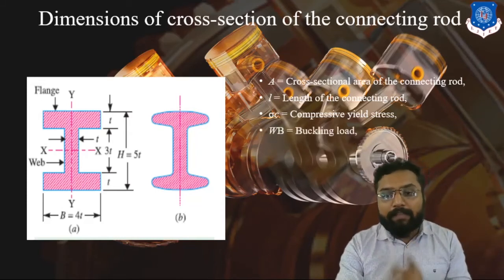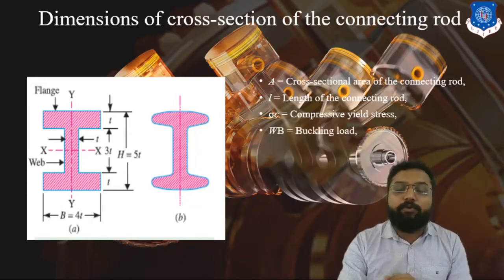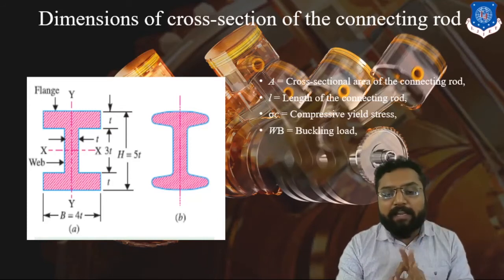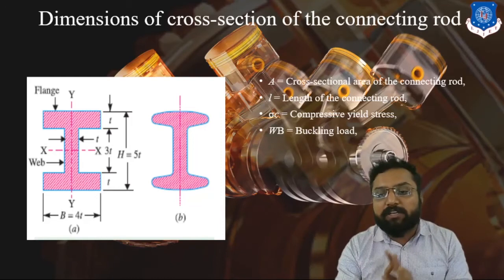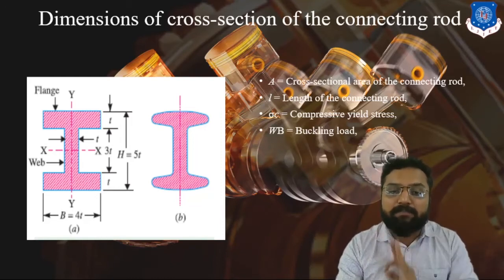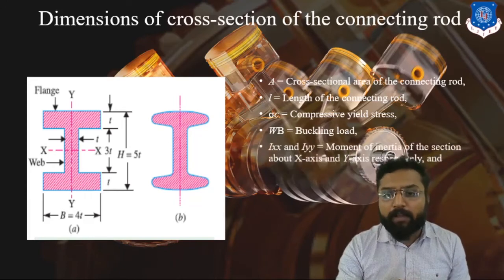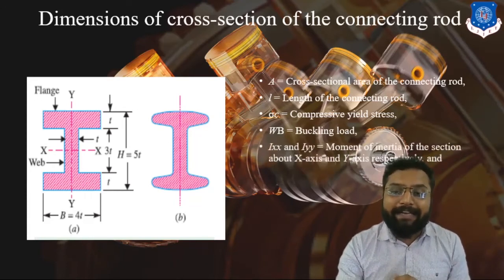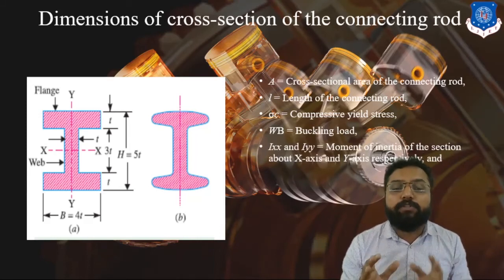Okay? And the load generated due to this compressive stress is called the buckling load, and this buckling load is going to determine our cross section. We have to determine the cross section area which can withstand this buckling load.